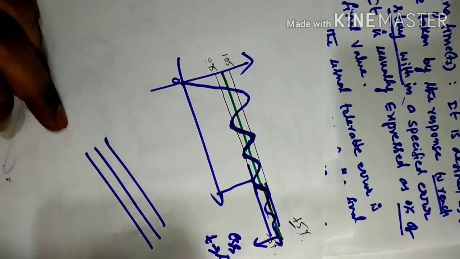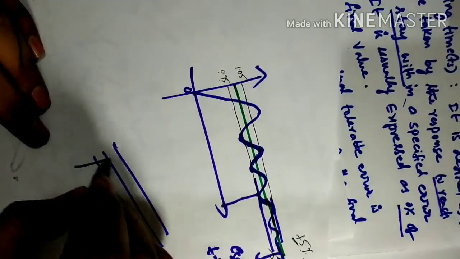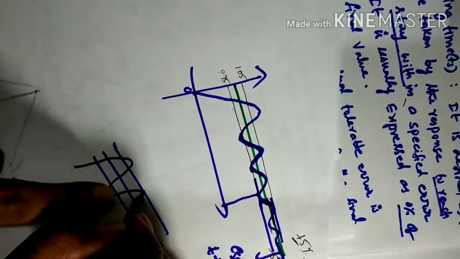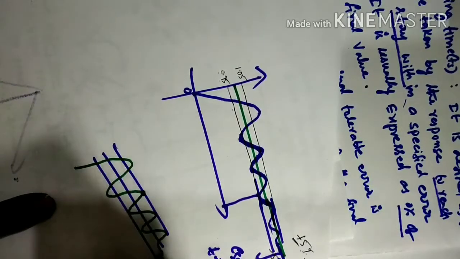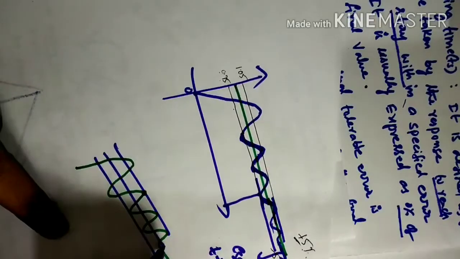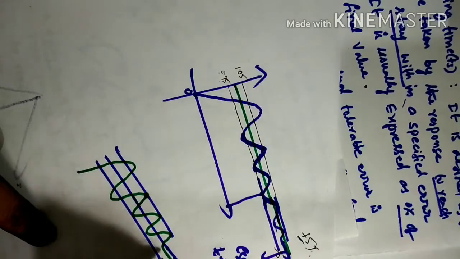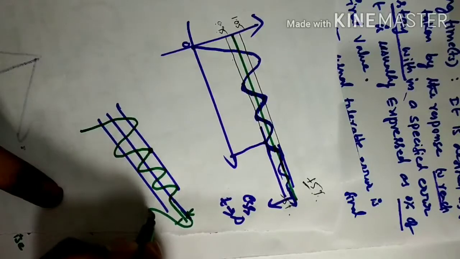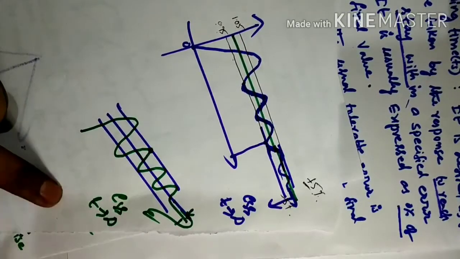Your response oscillates like this, and finally reaches the final value and stays within the specified error. Finally it settles at this point. This is the step signal, this is the output, and this portion is called steady state error, when t approaches infinity.